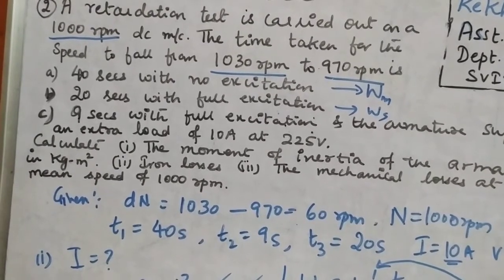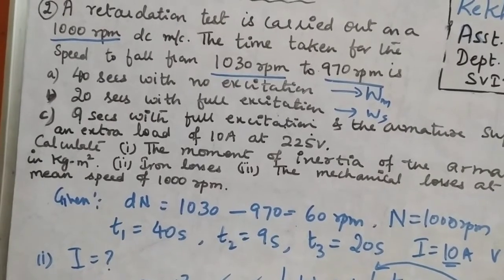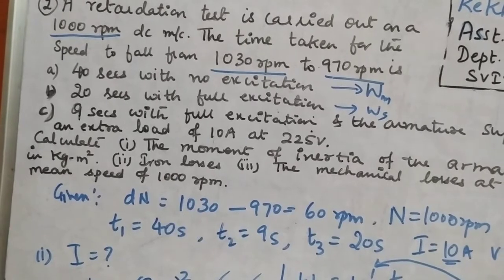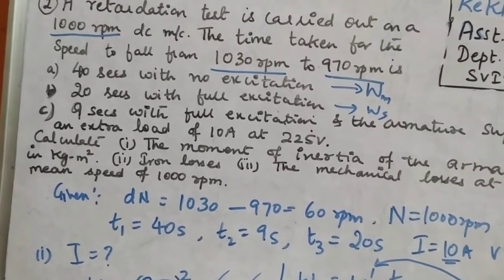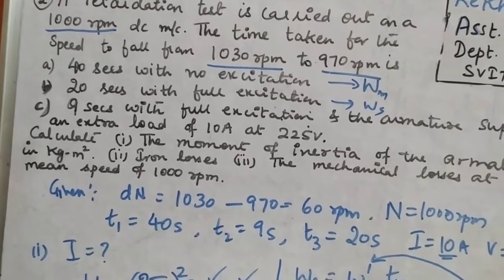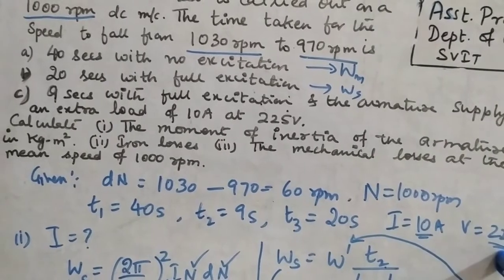T1 is with no excitation. Let me take T3 as full excitation, and T2 as an intermediate position, which will be 9 seconds. The corresponding extra load is 10 amperes and 225 volts, that is the I value and V value.